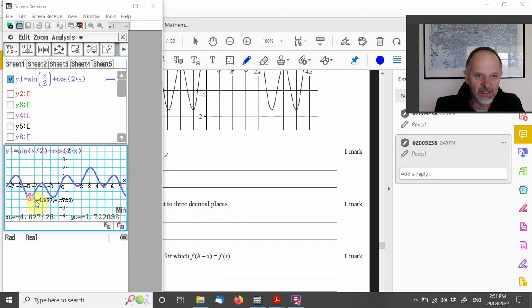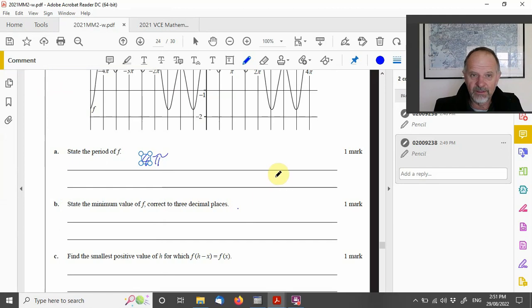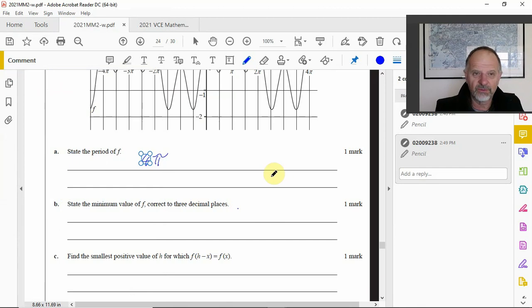And it's at the radian negative 4.6, but we're after this part here, negative 1.722, and then some stuff. But this one we've been asked to do to 3 decimal places, so the minimum value is negative 1.722. All right.